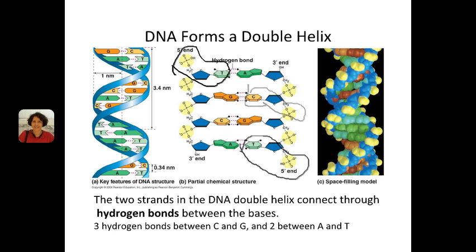So each nucleotide has 3 parts: a phosphate group, a sugar, and a base.